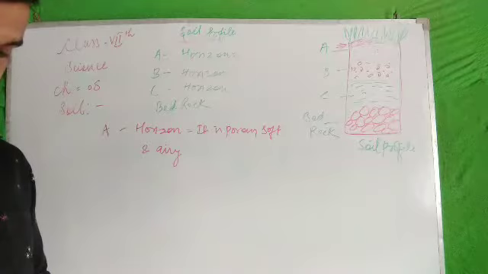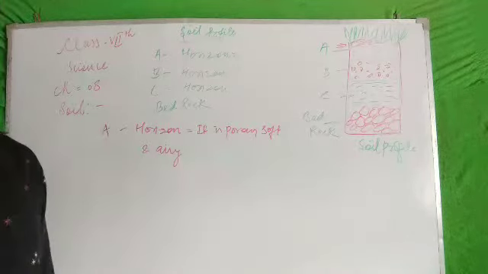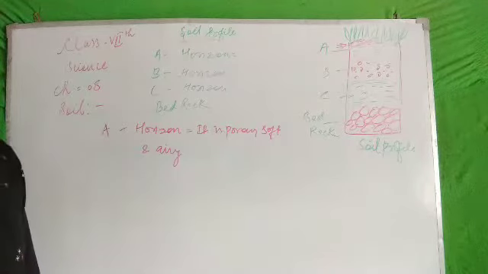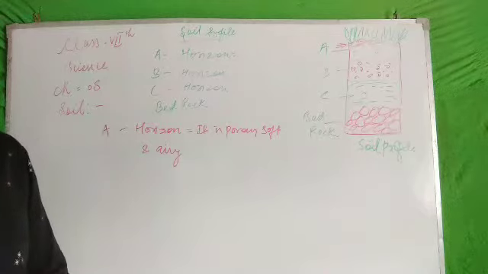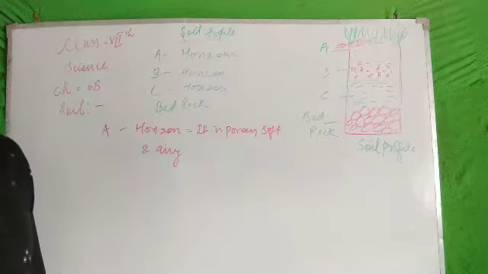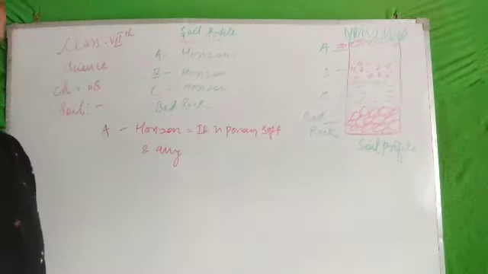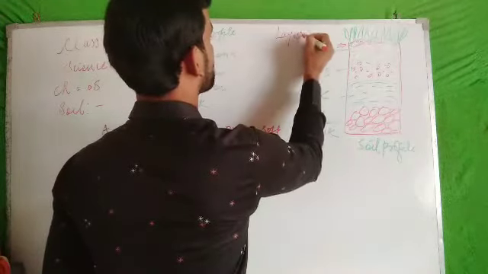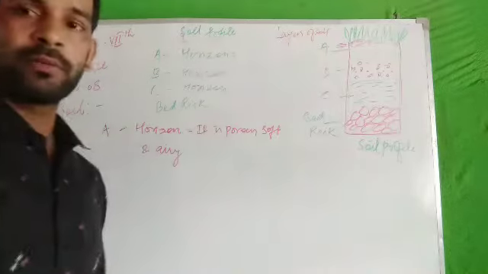Next is horizon B. Before moving to horizon B, we'll discuss that the soil profile is a composition of different layers of soil. These are the different layers: A horizon, B horizon, C horizon and bedrock.